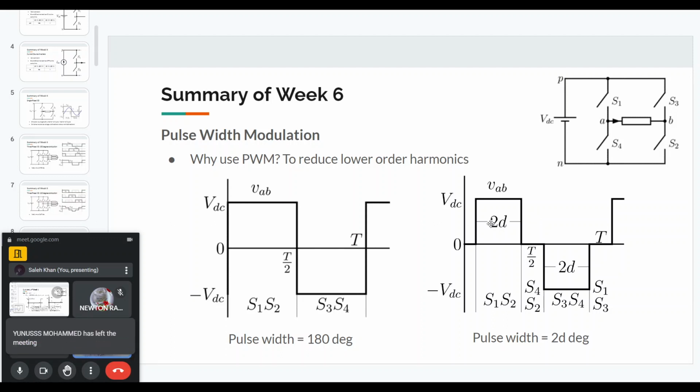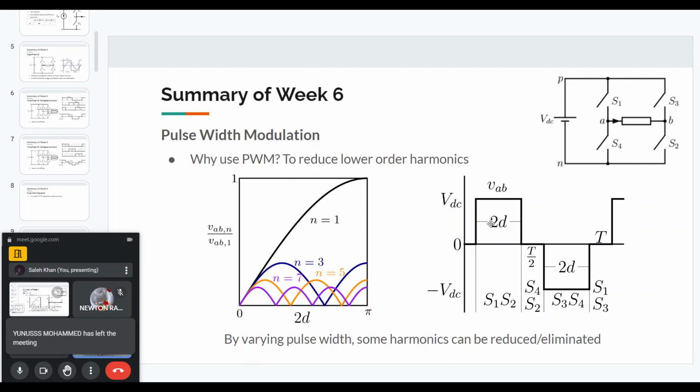What advantage do we get? If we see the harmonics of this quasi-square waveform instead of a square waveform, you will see that for some values of pulse width, 2D being the pulse width, the harmonics are reduced to 0. If the pulse width was pi, all the harmonics are at their maximum value.